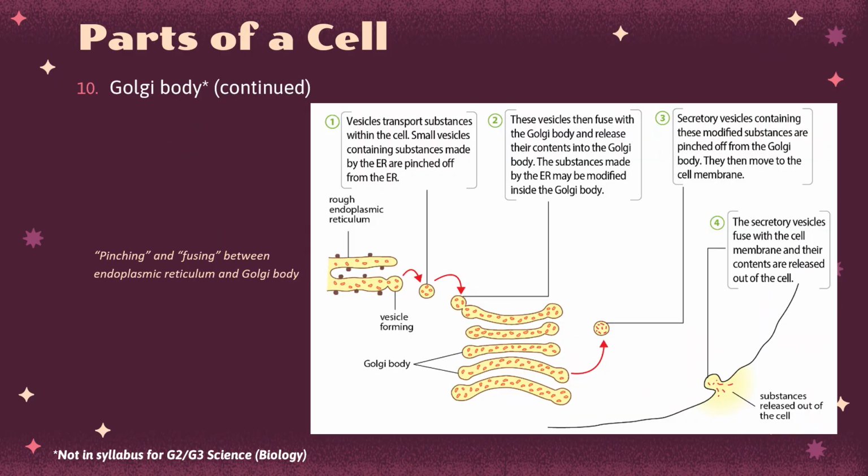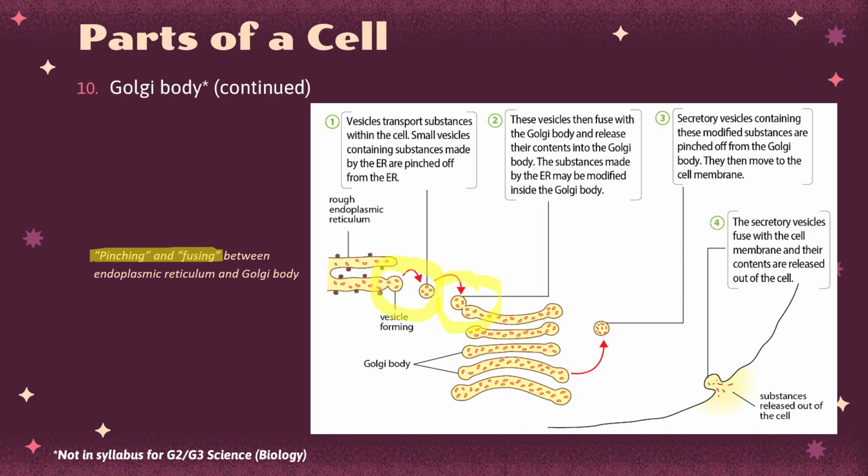Now this is how the Golgi body works. You will see this term known as pinching and fusing. You can slowly read, and I'll try to describe this. When the rough endoplasmic reticulum makes the substance, vesicles will be pinched off from the endoplasmic reticulum and move to the Golgi body.